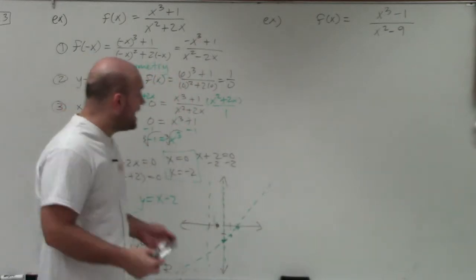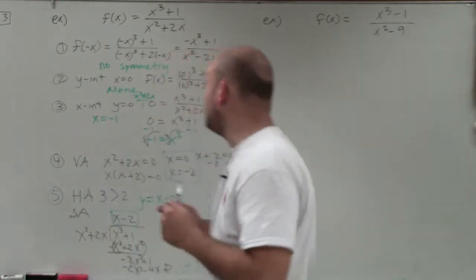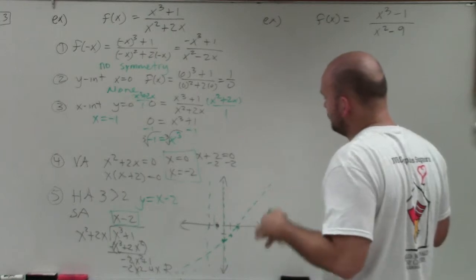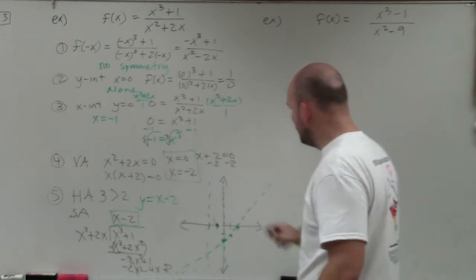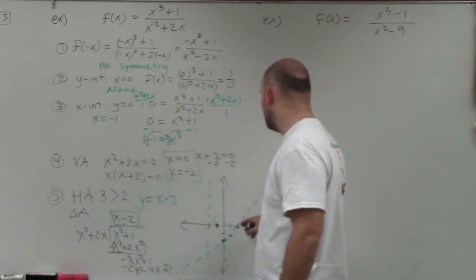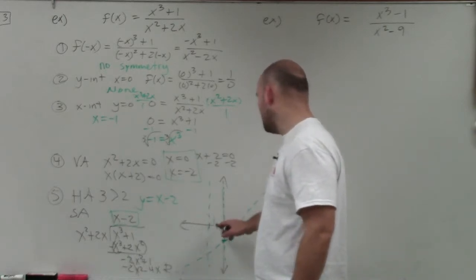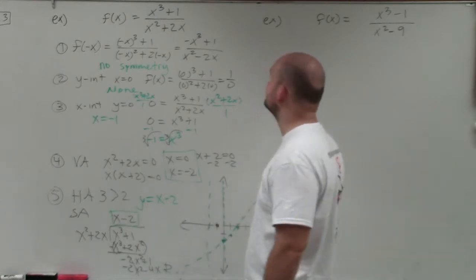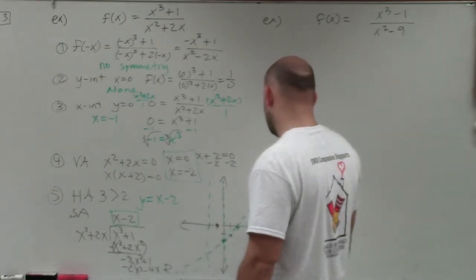OK, so now basically what we want to do is determine the points that are going to be to the left and right of each of those vertical asymptotes. So we already know what here. I'll choose the points 1, 3. I already know it's 0. I already have 1.